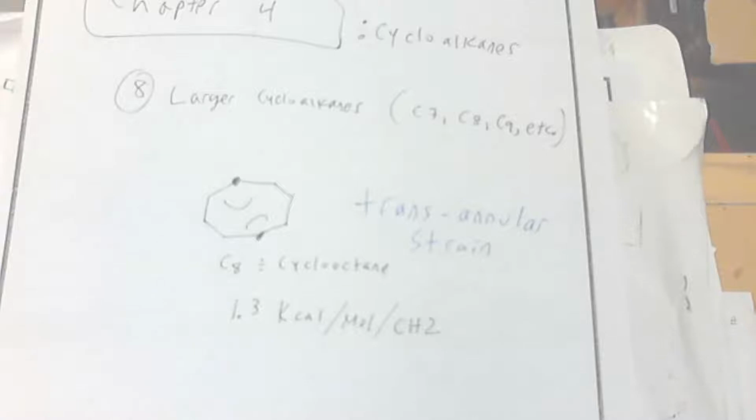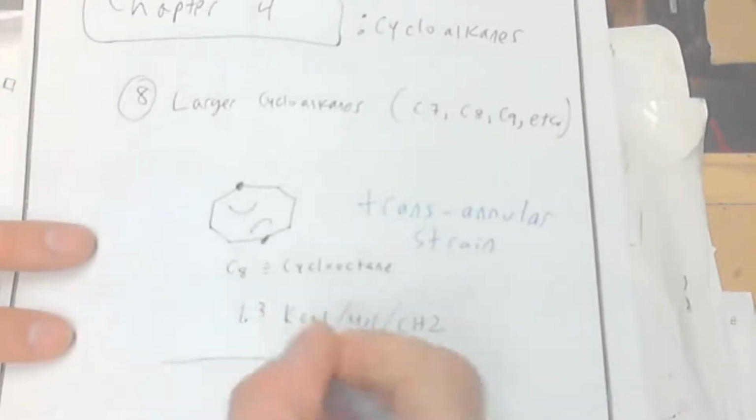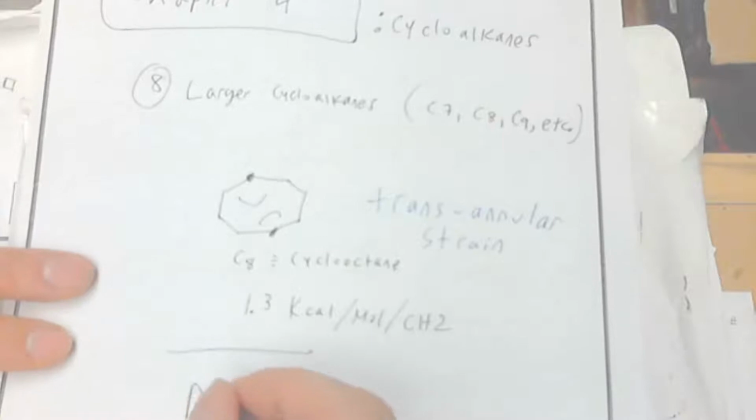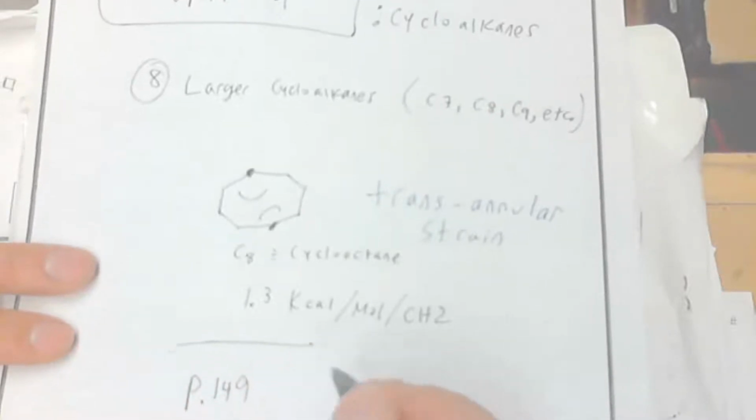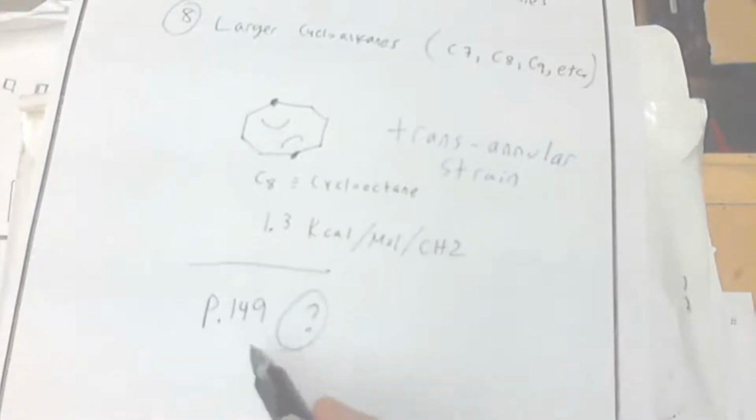I think there was a table or figure on page 149, which is about this. I think that page number is right. It kind of shows this type of strain a little bit also. Okay.